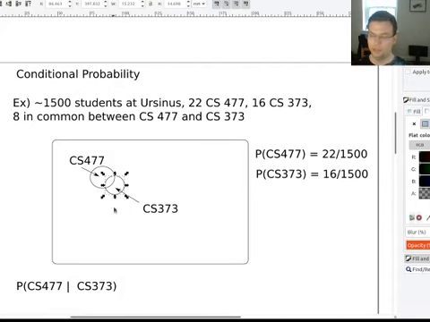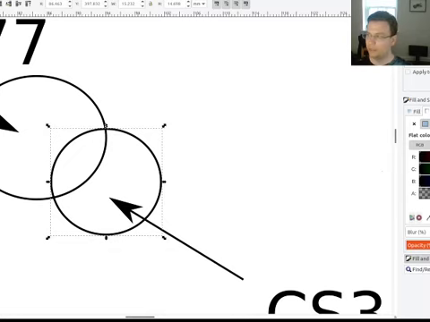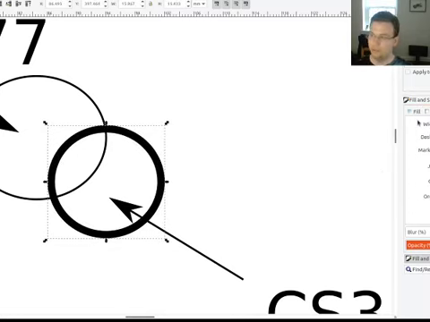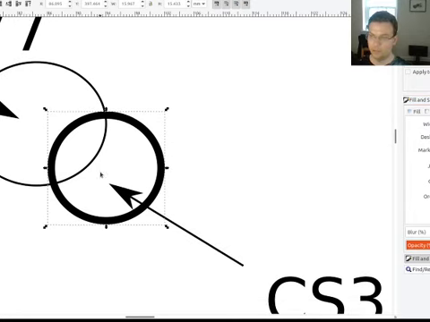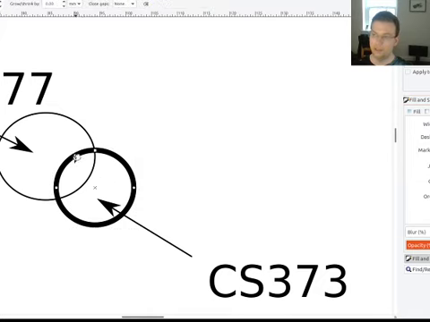To really understand this probability, what we have to do is look at the Venn diagram and think about what it's saying. If I say you're in 373, I'm constraining myself to this part of the space, right? I'm saying you have to be in here. So if you're in there, how likely is it that you're in CS477?